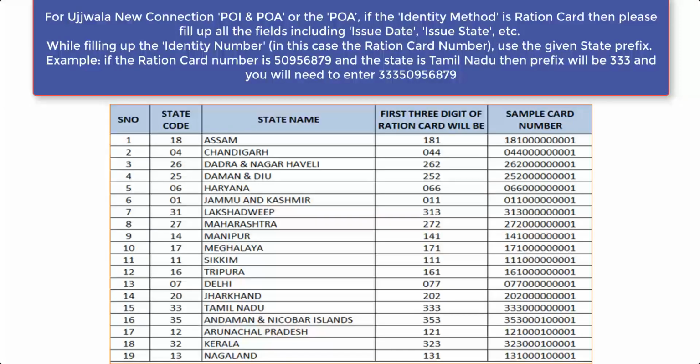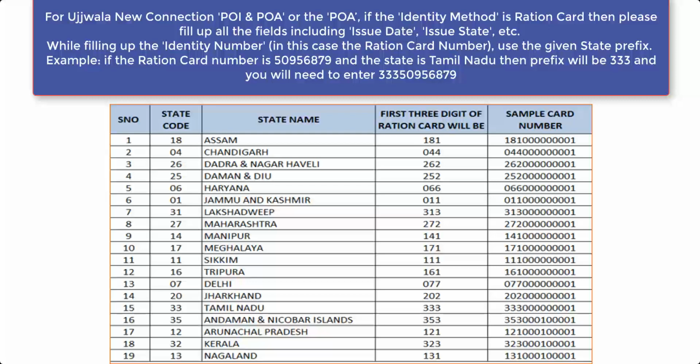For a new Ujjwala connection, enter proof of identity and proof of address. If the identity method is ration card, then please fill up all the fields including issue date, issue state, etc. While filling up the identity number, for example in the case of ration card, use the given state prefix.